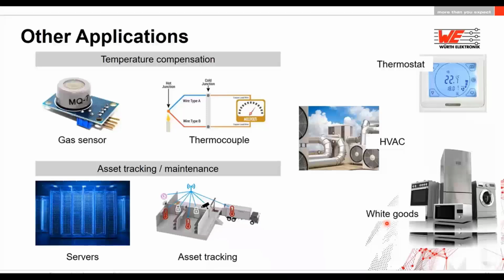In the house, the thermostat, where we have more and more digital devices to control the temperature of the house, and of course white goods, refrigerators, and microwaves need temperature sensors to work at a certain temperature. And all these sensors nowadays require a digital sensor that can be implemented very easily and very quickly.